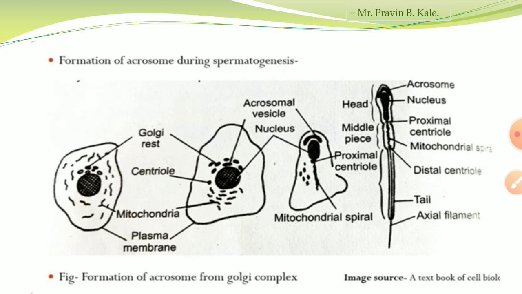See in this diagram the formation of the acrosome during spermatogenesis. In the early stage, Golgi appears as a spherical body, see in diagram number 1, comprising cisternae arranged in a parallel stack and numerous small vesicles.